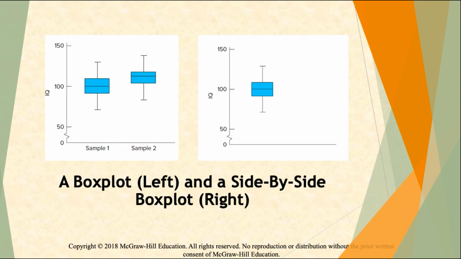In a positively skewed distribution, the median will be pushed toward the left end or the bottom of the box near Q1, and the right or the top whisker will usually be longer than the left or the bottom one. In a negatively skewed distribution, the reverse pattern will be found.